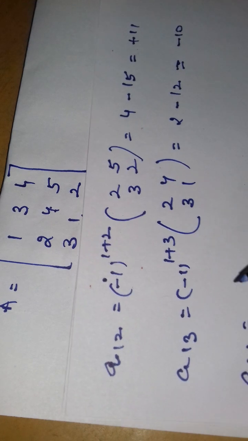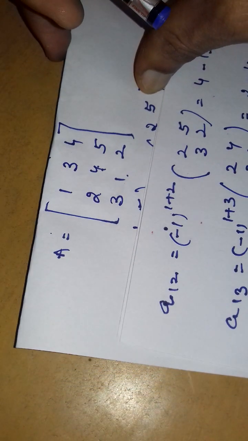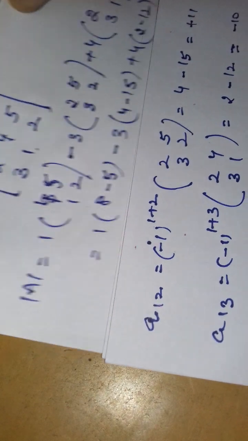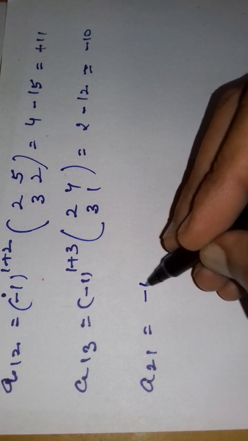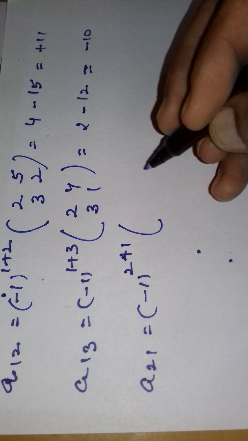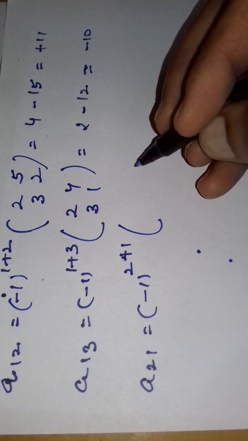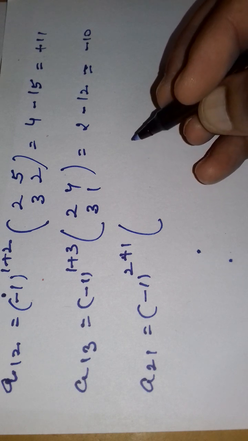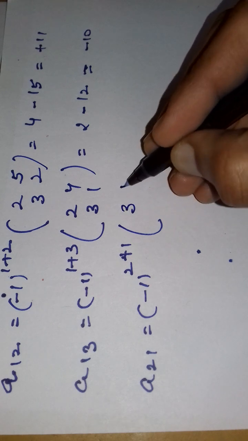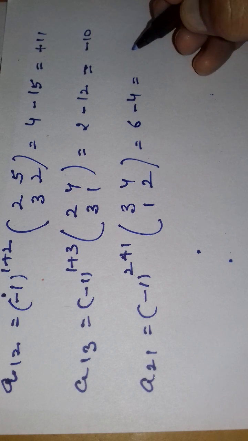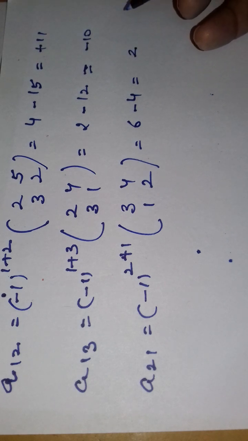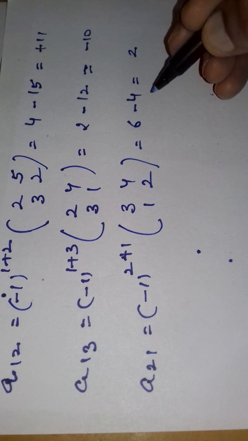Again for A21, please write the value at your side page. A21 is minus 1 to the power 2 plus 1. By deleting the second row and first column, we get 3 4 1 2, with value 2.